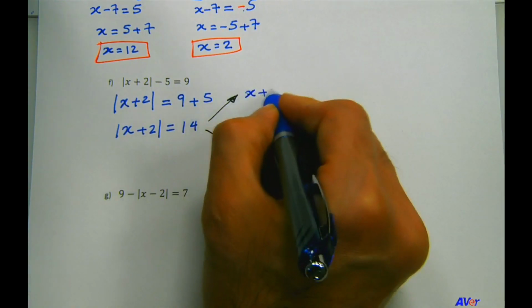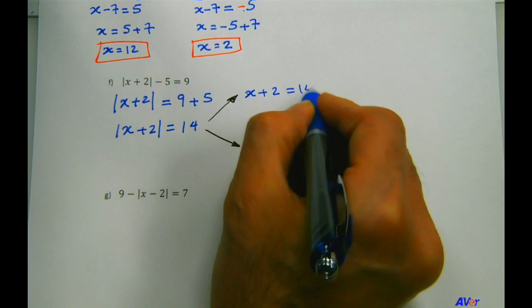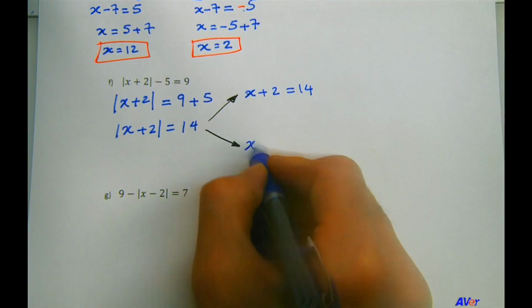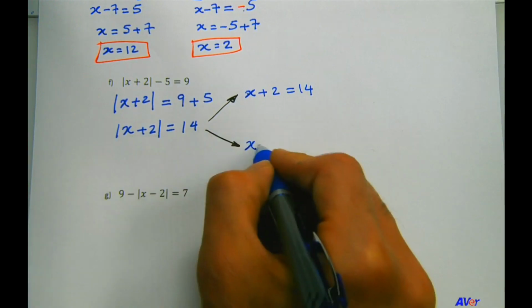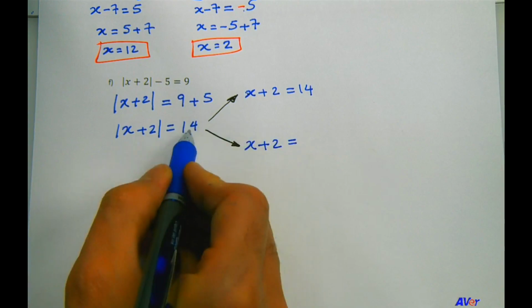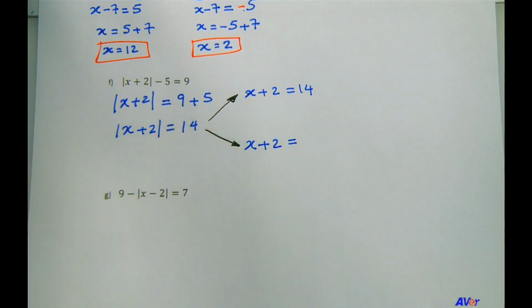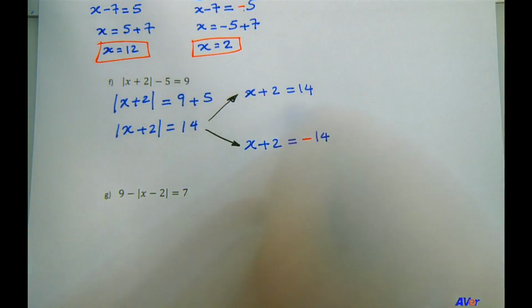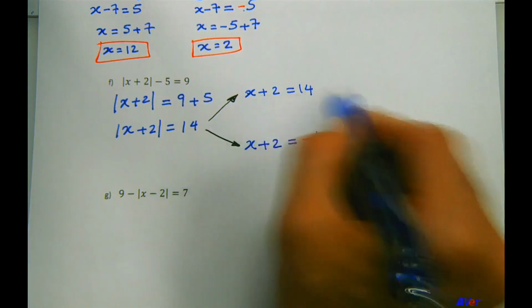So x plus 2 equals 14. The other solution path comes from rewriting the inside of the absolute value as it is, equals, multiply the other side by -1. So we get minus 14. Okay. Now let's solve for x from each path.